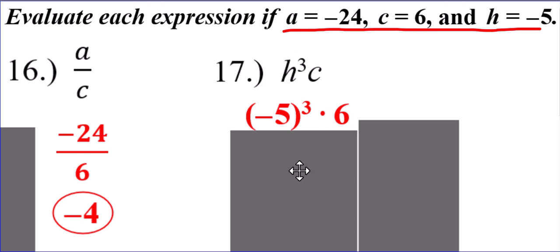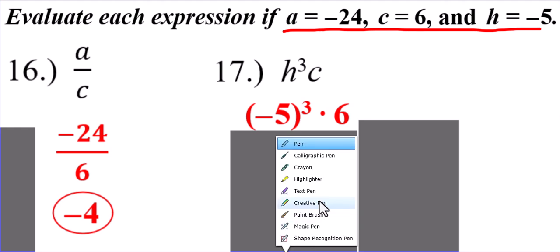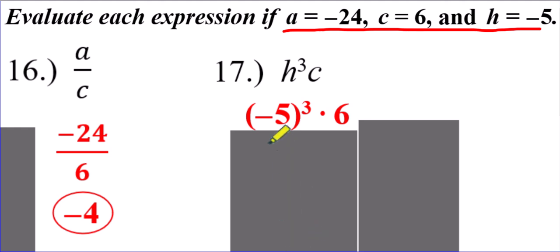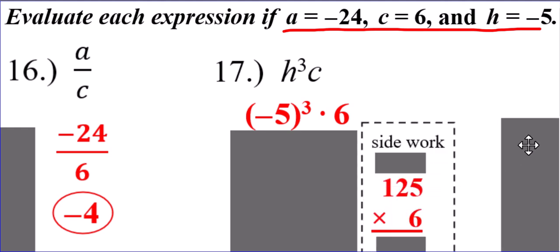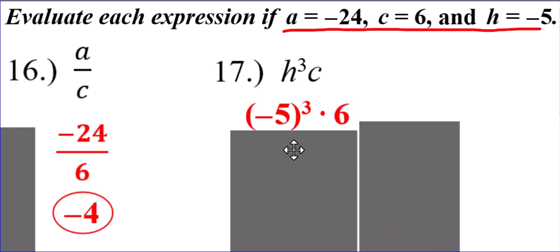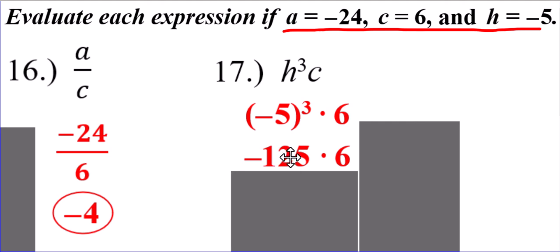All right, order of operations says you better do the exponent part first. So this is 5 times 5 times 5, but it's negative. Let's think about this. 5 times 5 is 25 times another 5 is 125.